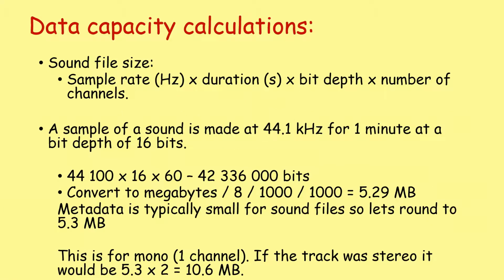Sound files, we have the sample rate in hertz multiplied by the duration in seconds multiplied by the bit depth multiplied by the number of channels. Number of channels means is it mono or stereo, 1 or 2 channels. So if we have a look here, I've got a sample of sound made at 44.1 kilohertz for 1 minute at a bit depth of 16 bits.